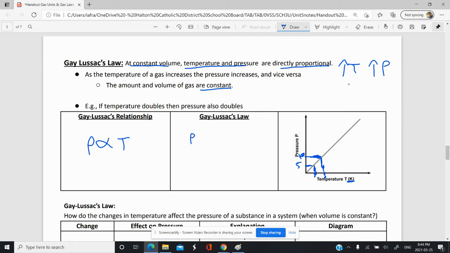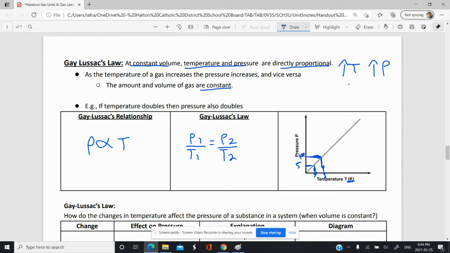So we're going to have P1, that's our initial pressure, over our T1, our initial temperature, is equal to P2 over T2. And it doesn't really matter what units of pressure we use as long as we're consistent. So whether it's atm, kPa, Pa, torr, doesn't really matter as long as it's consistent for both.